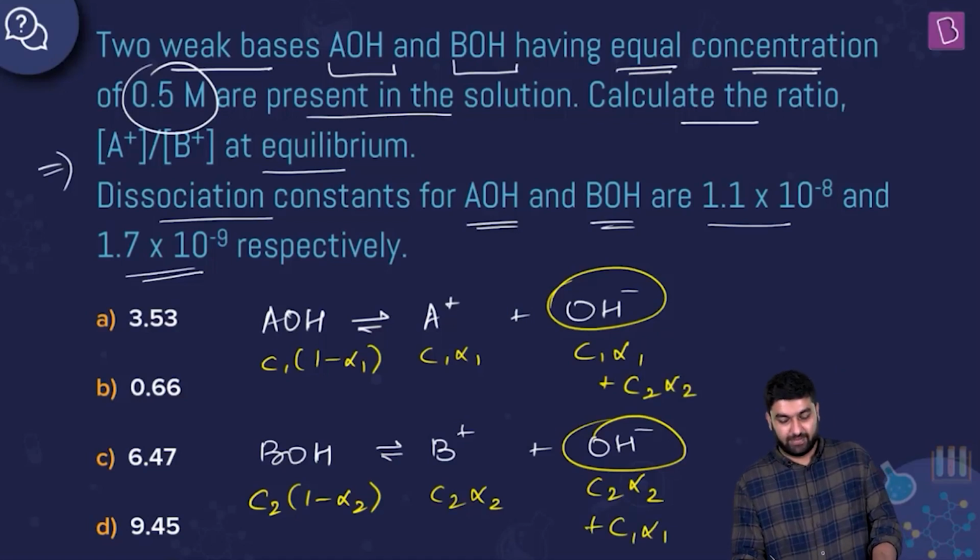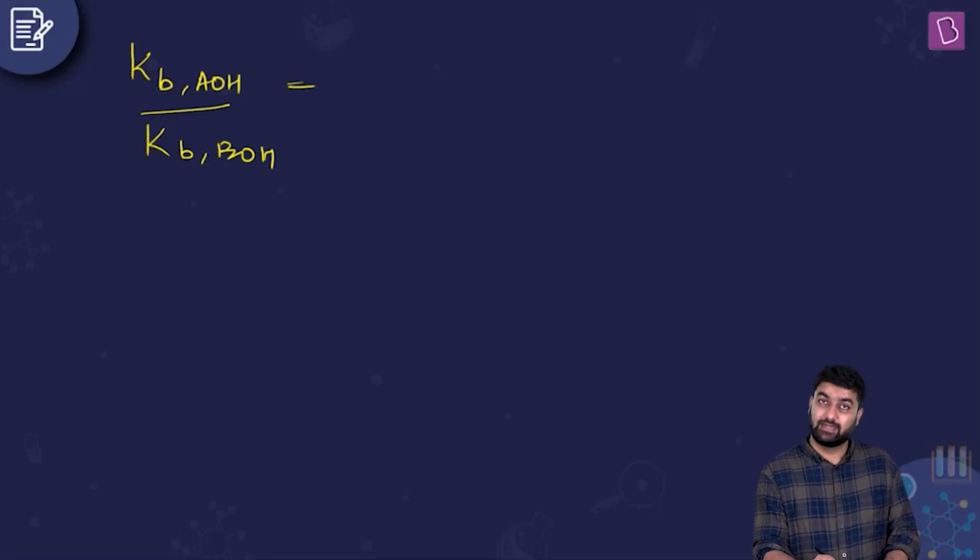Okay. If I write the expression of KB1 and KB2 here, right, KB1 for, let's say, AOH and KB2 for, let's say, BOH, those expressions I'm going to divide as well, right? And you'll understand why I'm trying to say that, right?